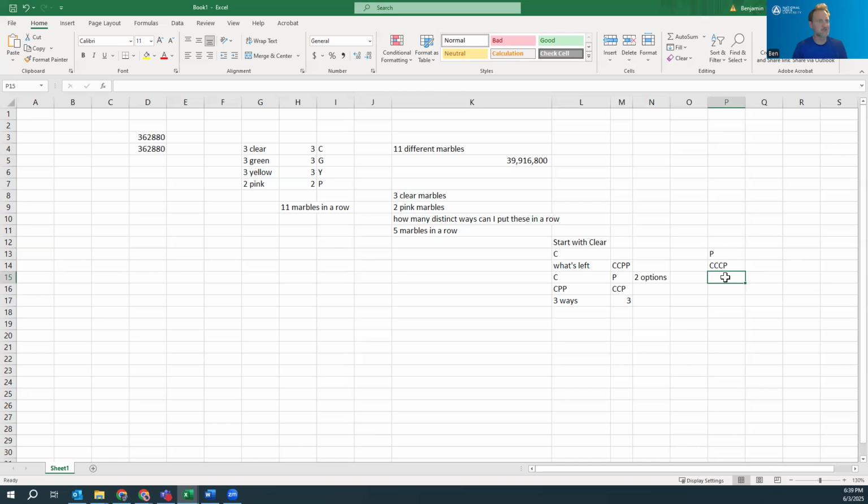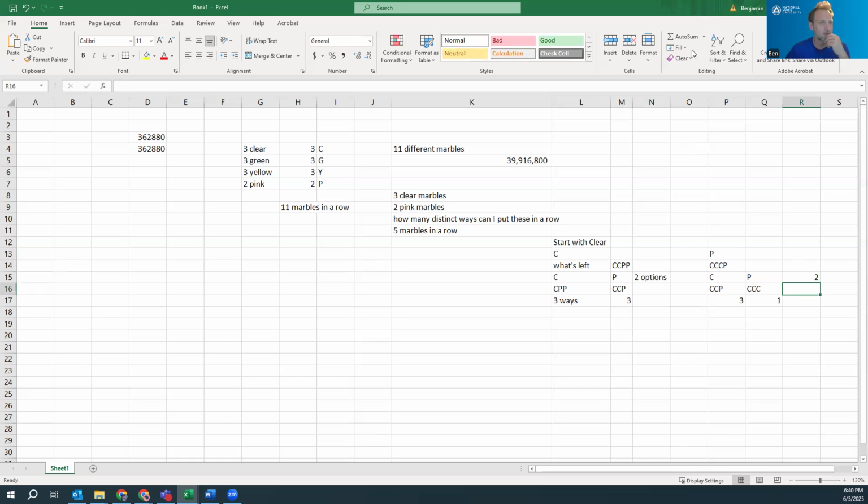So then that breaks into C and P. But if I choose a clear marble, I'm at CCP. If I choose the pink marble again, I'm at CCC. There's only one of these. There's 3 options here. There's 2 options here.